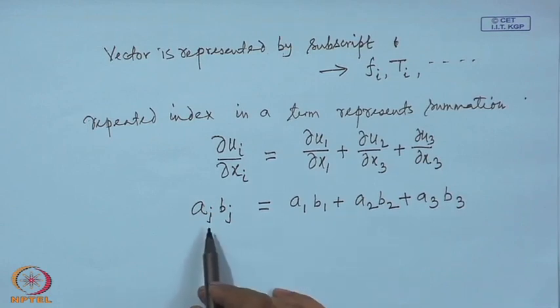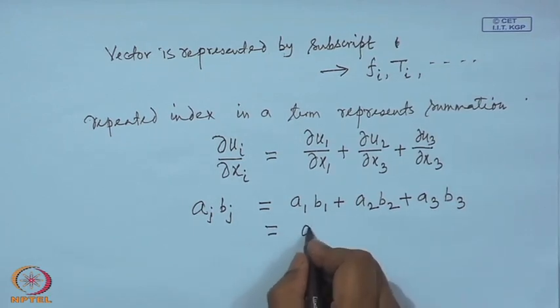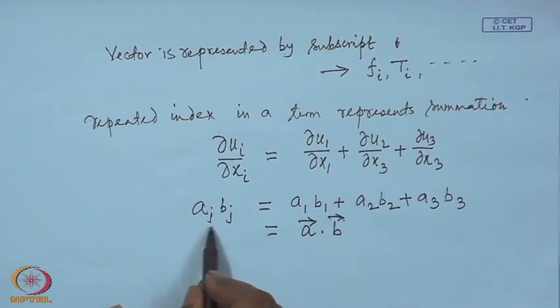Now, look at the second expression that I have written: a j b j equals a 1 b 1 plus a 2 b 2 plus a 3 b 3. What does it imply? a j is a vector a, b j is another vector b. So, a 1 b 1 plus a 2 b 2 plus a 3 b 3 is the vector dot product. So, the dot product is written simply like this.